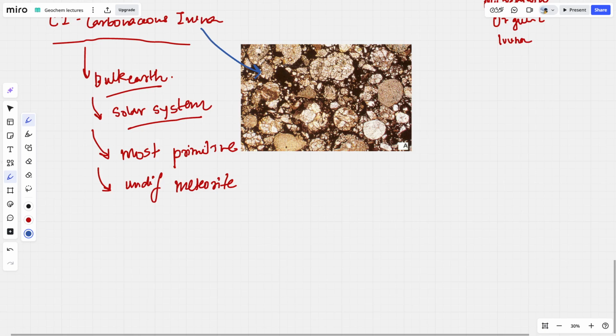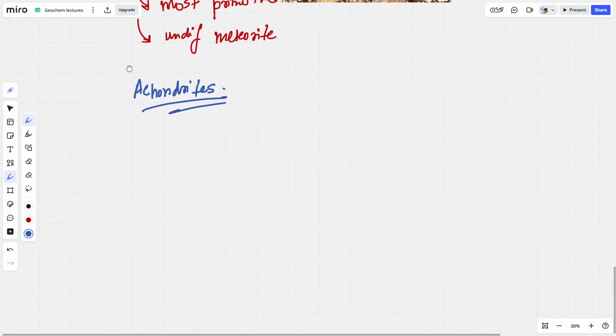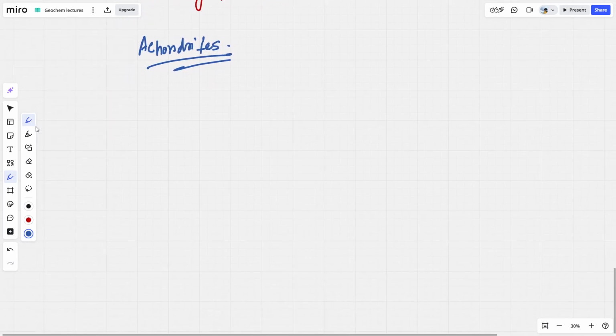Now we will talk about the achondrites. So achondrite contains no chondrules and no metals and resembles the terrestrial basalts in mineral composition and texture.